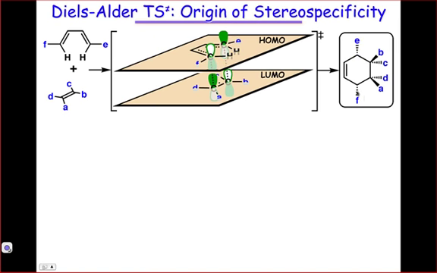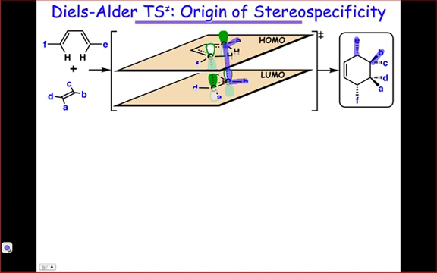The relative stereochemistry of substituents is determined by their relative positions in the transition state. So notice that substituent B in the dienophile and substituent E on the diene are on opposite sides of the newly forming bond. As a result, we see that substituents E and B end up trans in the product.